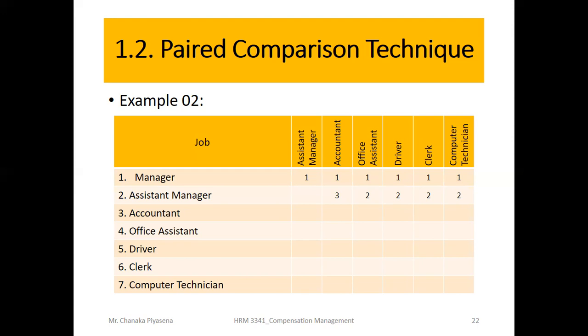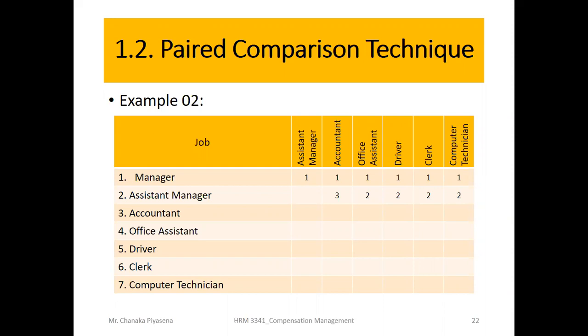Then the assistant manager and the office assistant, when we compare these two jobs, the assistant manager is more important than the office assistant. That's why we put number 2. When we compare the assistant manager and the driver, the assistant manager is more important than the driver. That's why we put number 2.